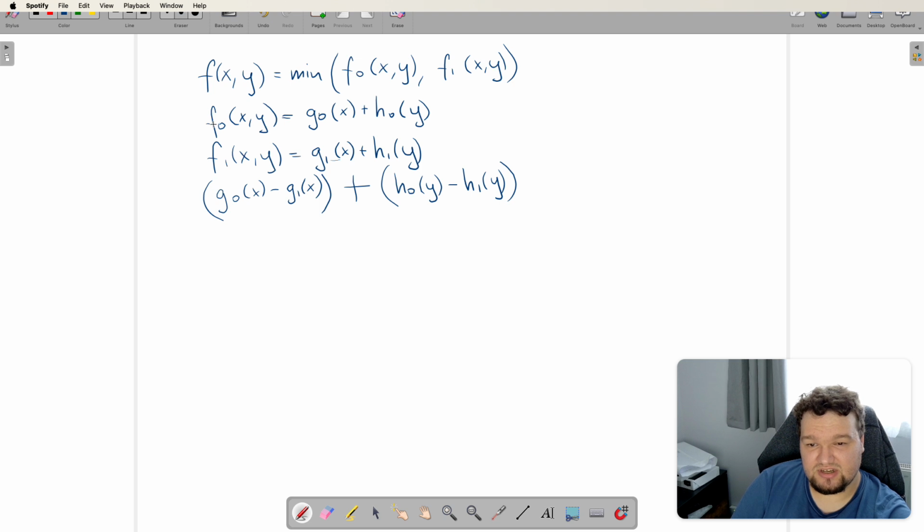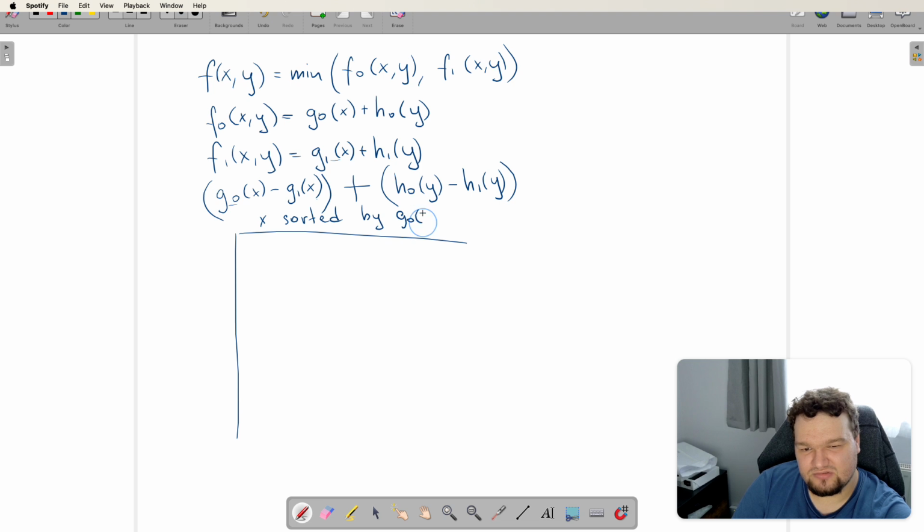So the way we will do it is we will calculate those values for every x and then sort x's by those values, and we can draw it again as a two-dimensional thing. This is x's sorted by g0 minus g1, and these are y's sorted by h0 minus h1.